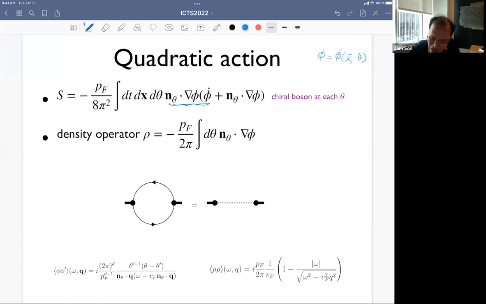So this quadratic action is an integral over theta of the action of a chiral boson, one chiral boson for each theta. And the density operator is also an integral of the density of the chiral boson. And one can check that the 2-point function in the free fermion theory, given by this one-loop graph, is reproduced exactly by this quadratic action.